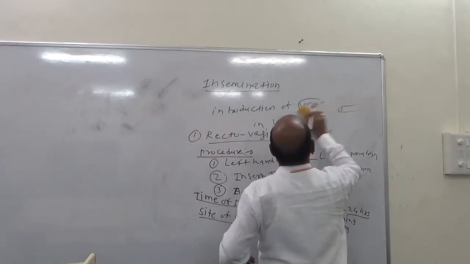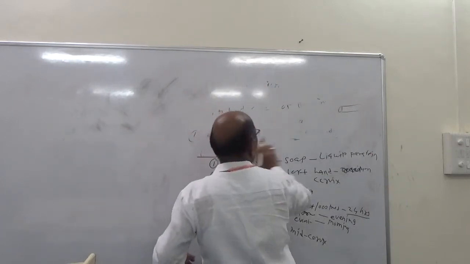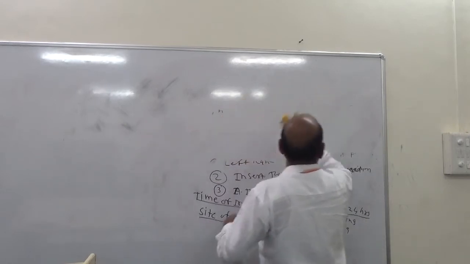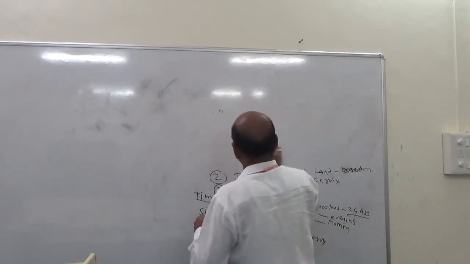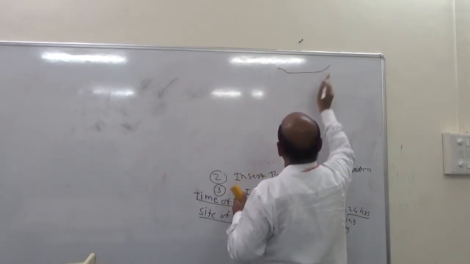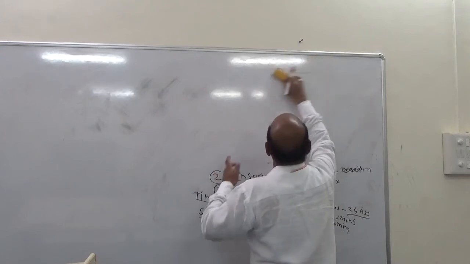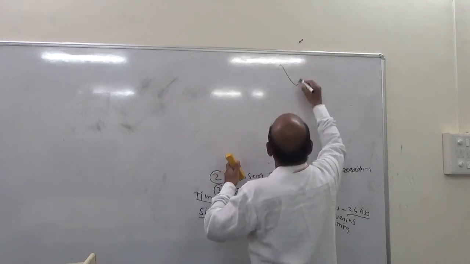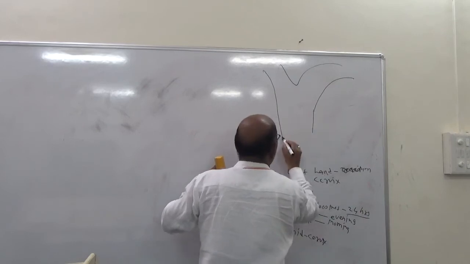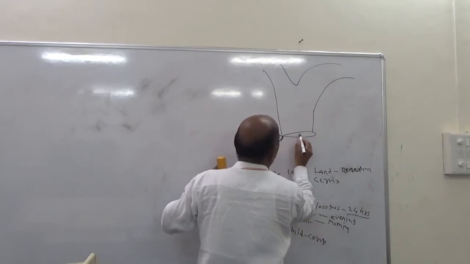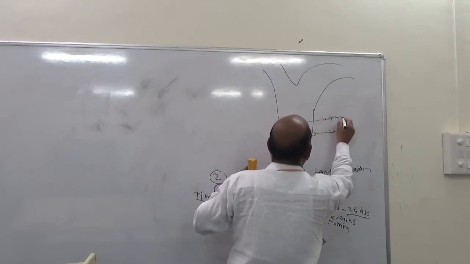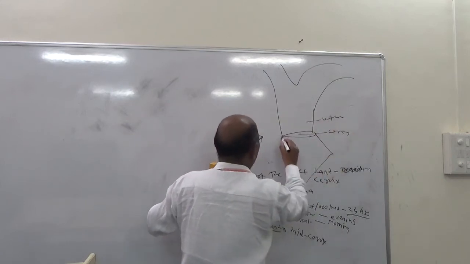This is the reproductive tract: this is the cervix, this is the uterus, and this is the vagina.